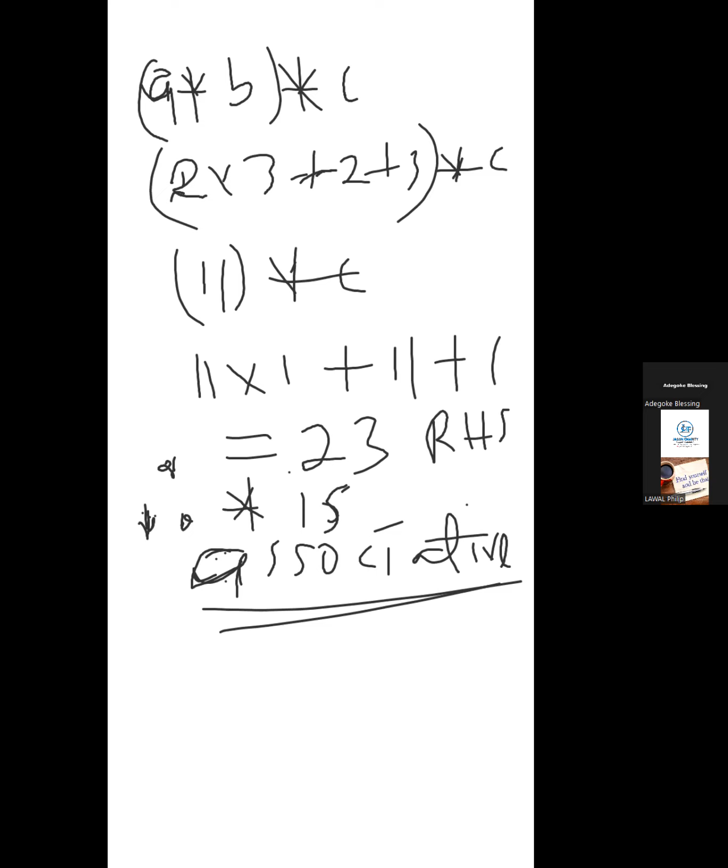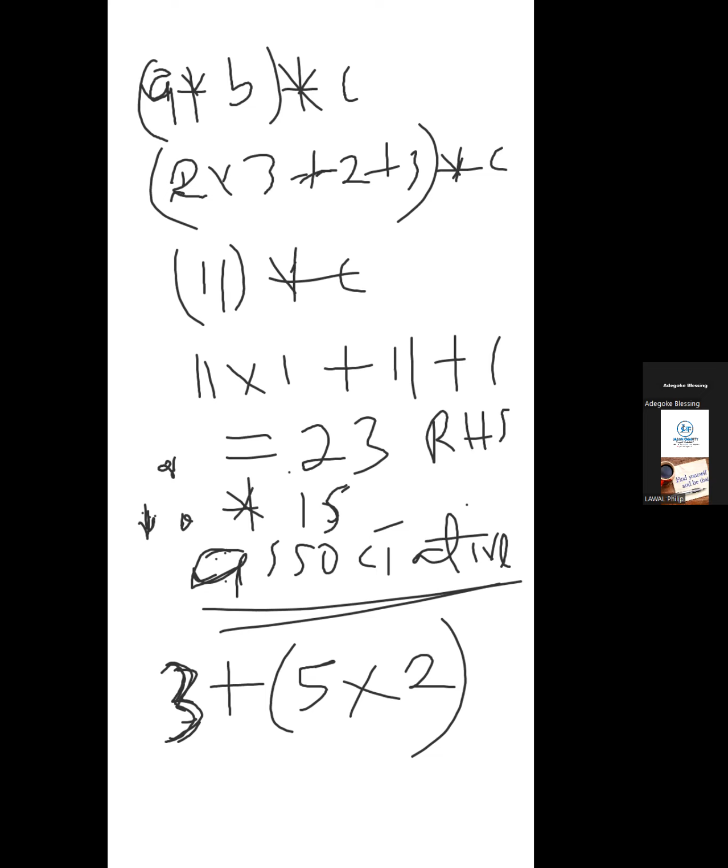So let me just say that if you have 3 plus 5 times 2, if you have something like this, plus is not distributive. That is, you cannot open the bracket with this plus. It is impossible to open the bracket with this plus.